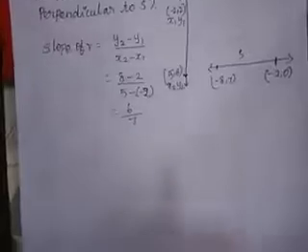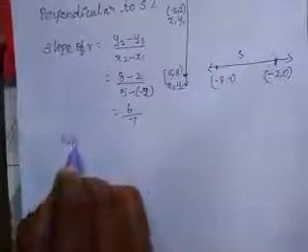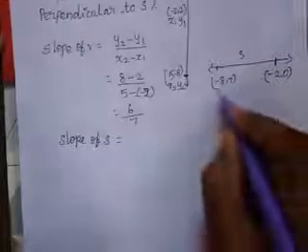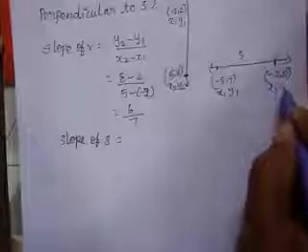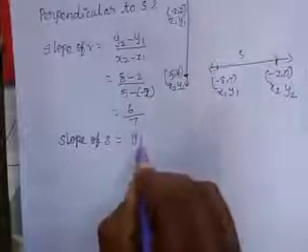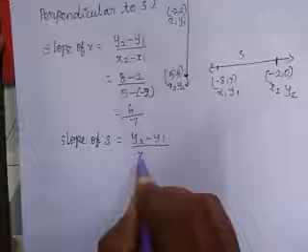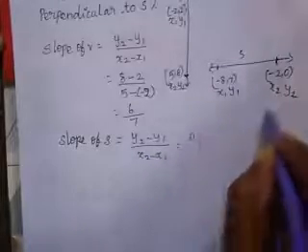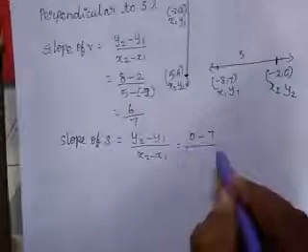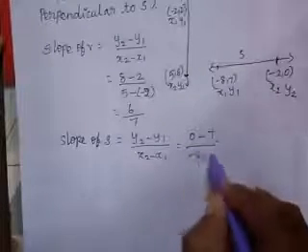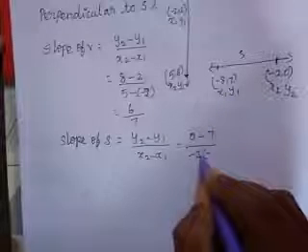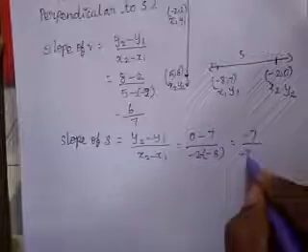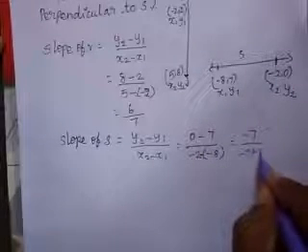Next, the slope of S is equal to, take the points x1, y1, x2, y2. So y2 minus y1 by x2 minus x1. Here y2 is 0, y1 is 7, x2 is minus 2, x1 is minus 8. So minus 7 by minus 2, minus of minus 8 is plus 8.